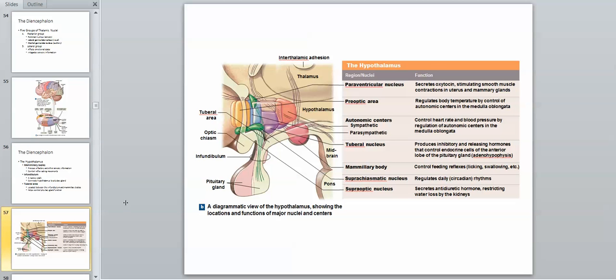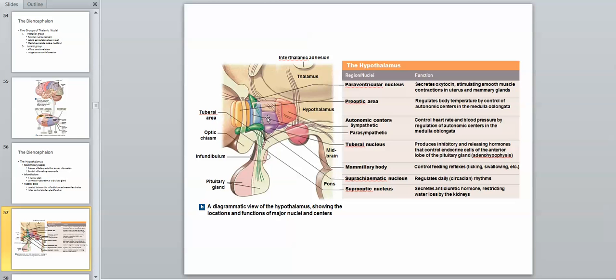All right, so here's sort of a map of all this stuff. You see all these different nuclei in the hypothalamus. We're not going to get into these a lot at all. Later on, when we study hormones, we will study the paraventricular nucleus. We will also study several of these other ones.